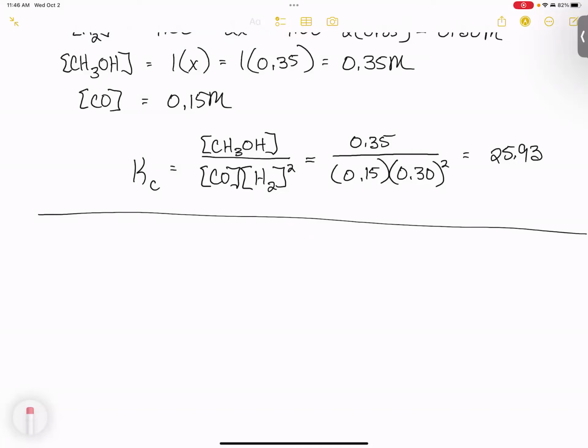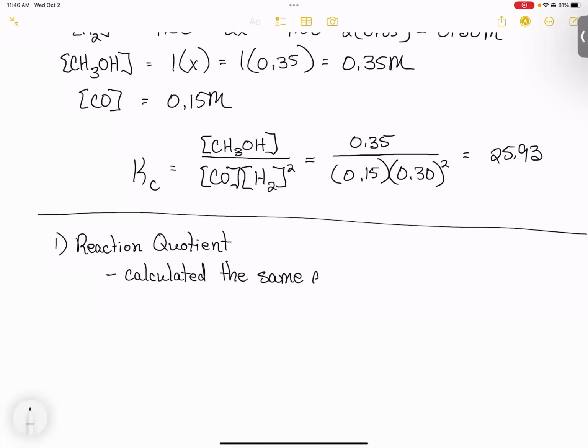I was hoping to get to it today, but I had a feeling I wouldn't. So the first thing we're gonna do on Friday is we're gonna talk about reaction quotients. The reaction quotient is calculated the same as an equilibrium constant.